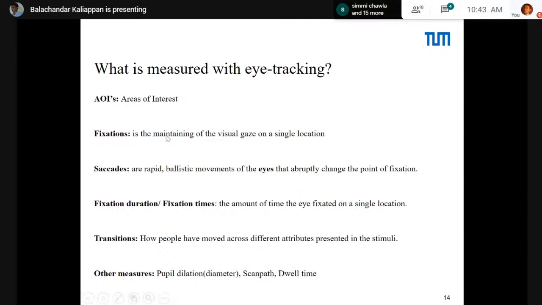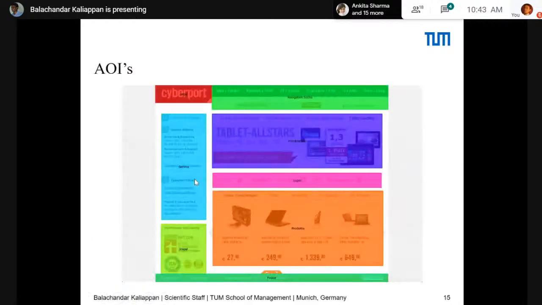So let's have a practical example of all these things and how your eyes will move. I talked about areas of interest, and imagine that you are designing a website for your client, but you do not really know where the people will look. As a researcher, we will normally draw areas of interest.